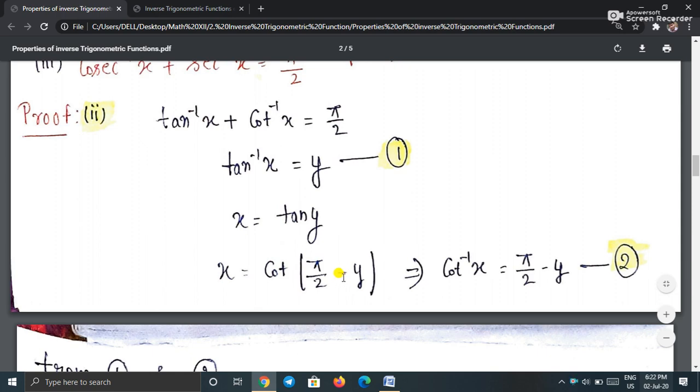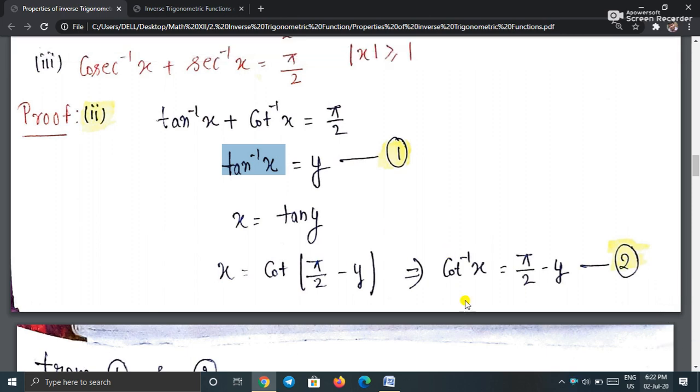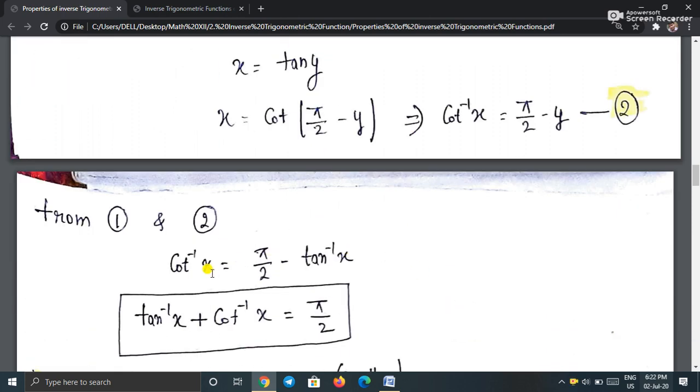Now again using the property of inverse function, cot inverse x is equal to pi by 2 minus y, and the value of y is what? The value of y is tan inverse x. So substituting this value of y in equation number 2, you will get cot inverse x is equal to pi by 2 minus tan inverse x. When tan inverse x goes to the left side, it becomes positive. So tan inverse x plus cot inverse x is equal to pi by 2.